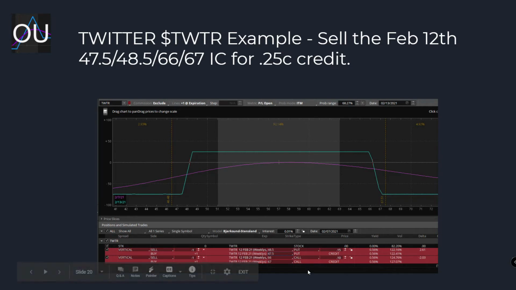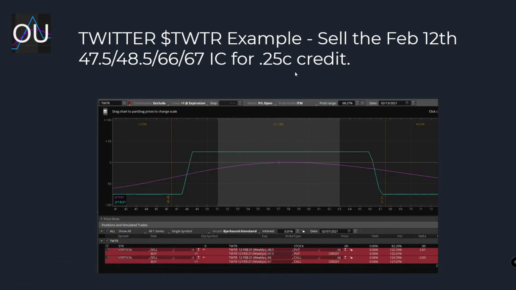And down below, I showed it as 2 verticals just to show you what we're collecting here. We're collecting 15 cents for the short put spread and 10 cents for the short call spread.